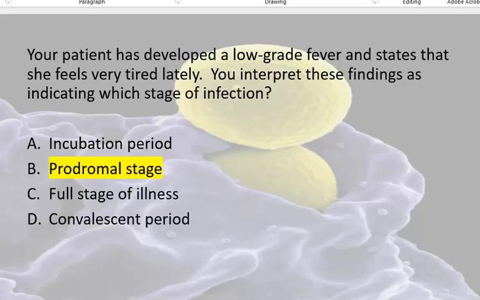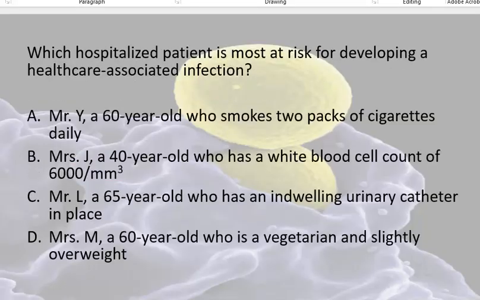This stage, the symptoms first begin and are often non-specific. The next question. So, Mr. L, a 65-year-old who has an indwelling urinary catheter in place. The catheter provides a portal of entry.